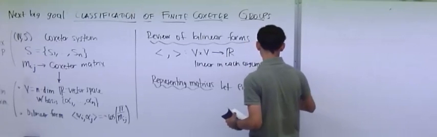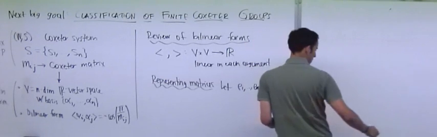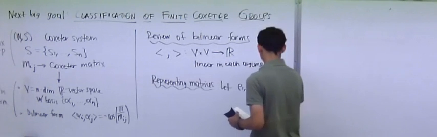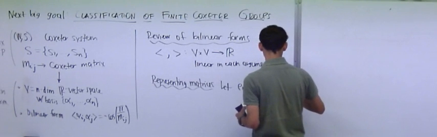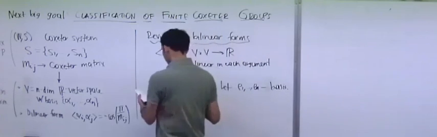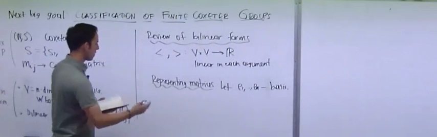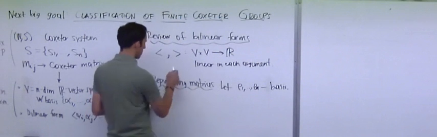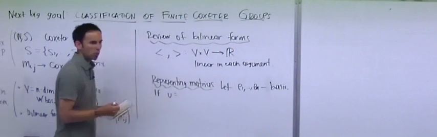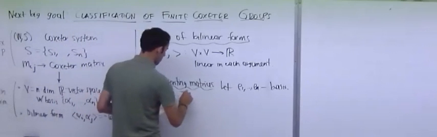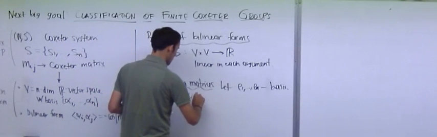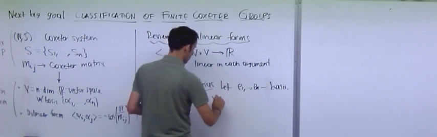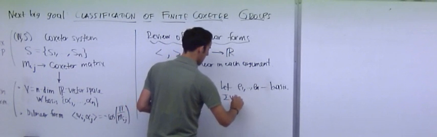So let's say that we have some basis e1 up to en. And then how am I going to represent things? Well, let's say that I want to know what the inner product of u and v is. I write u in terms of my basis as the sum of u_i e_i, and I write v in terms of my basis as the sum of v_i e_i.